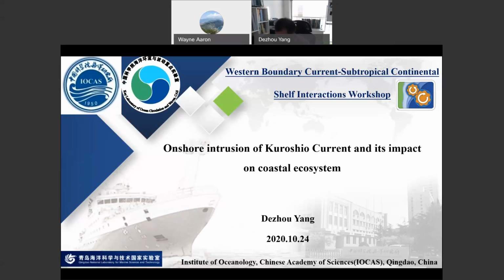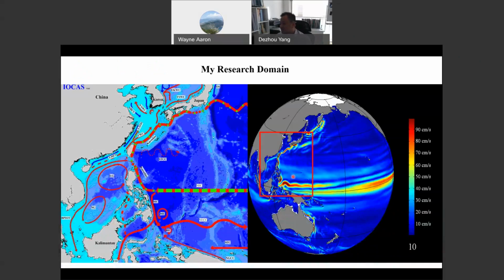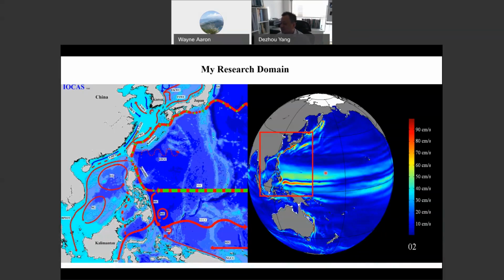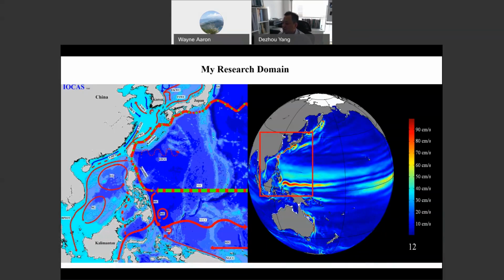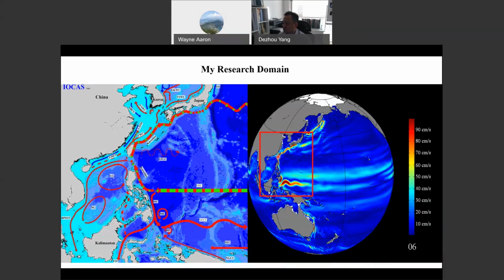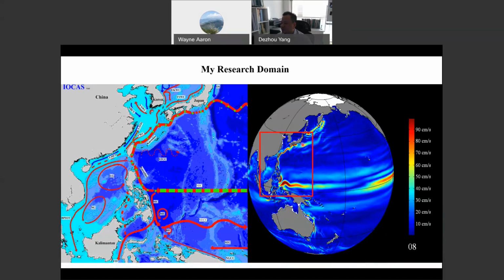So at first, what I want to show: where am I? This is our Earth. This box shows the northwestern Pacific Ocean. This is Australia, China, and Japan.